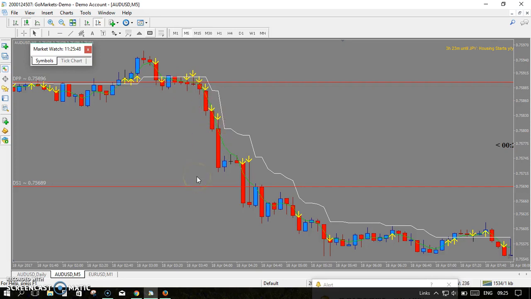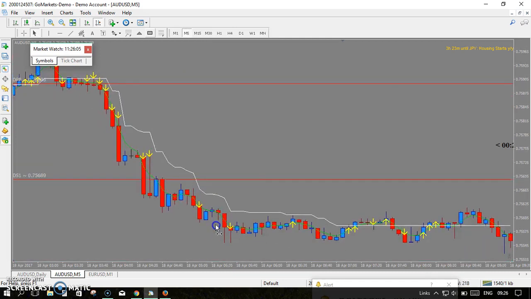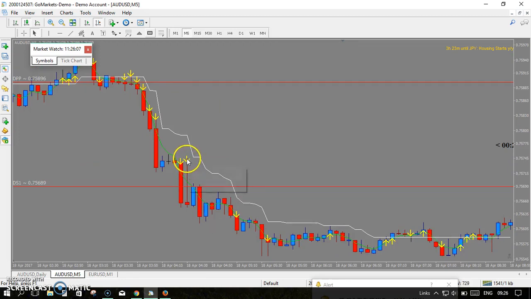So the way the strategy works is we wait for one of these arrows, and then the next candle we look for is a candle of the opposite type. Let me find an example. So here we have an arrow on a bearish move. There's been 3 bearish candles here.